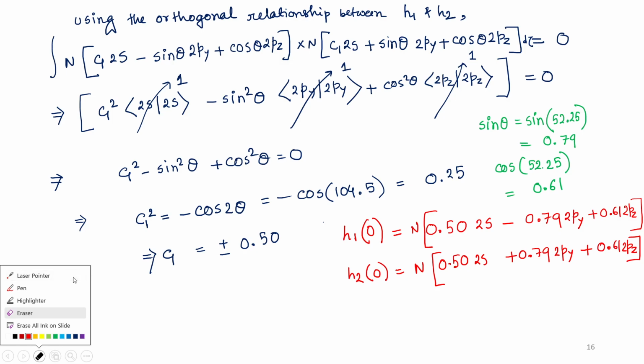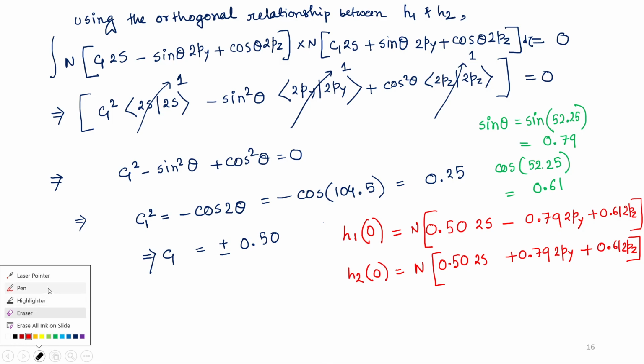I don't have that figure with me. The nucleus is going to be in the minor lobe, that is why it should be negative, but one can go with the positive also, that doesn't really matter. Ultimately we are going to deal with the contribution, and the contribution is the square of the magnitude of the coefficient, so that doesn't matter much.